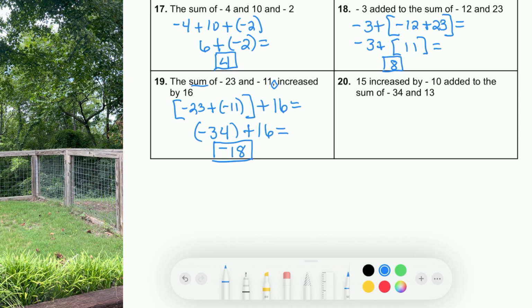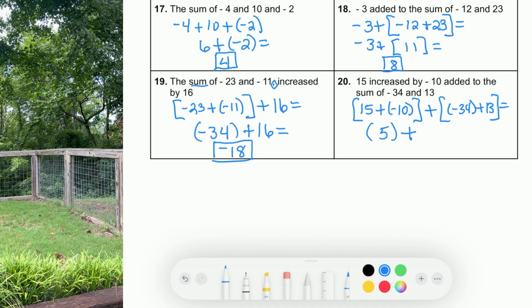Last problem, 15 increased by negative 10, added to the sum of negative 34 plus 13. So 15 increased by negative 10, let's start there. Added to the sum of negative 34 and 13. 15 plus negative 10. Two different signs, so we're going to take the difference. 15 minus 10 is 5. Keep the sign of the greater, which is 15, so we're going to have a positive 5.